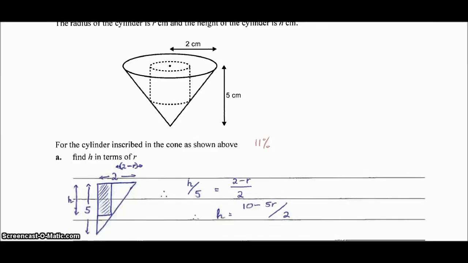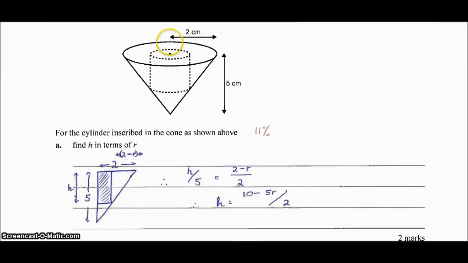So I think the key here was to draw up this triangle here. So I've drawn that down here, and here's the cylinder, or half of the cylinder, and that length there is 2 and that length is 5. So what we're actually going to do is use similar triangles, and there's the small triangle there, and that would be the large triangle there.